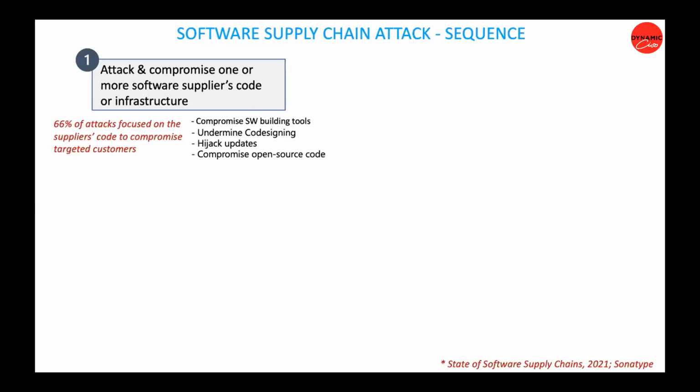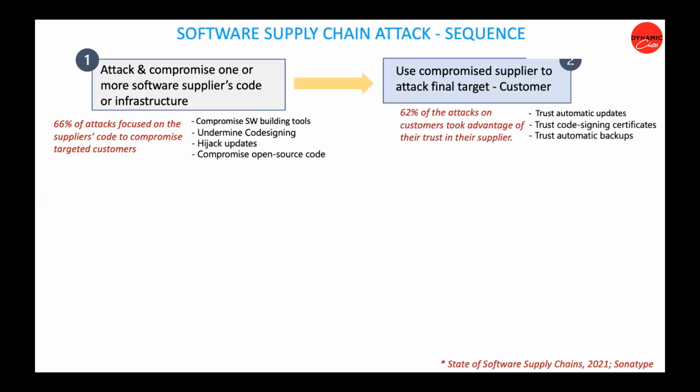They hijack updates. Updates are being put out by the suppliers. They hijack them in between, insert malicious code, and then let the updates go out. And then they compromise open source. So 66% of the attacks have focused on supplier code to compromise. And then they use these compromised suppliers to attack the final target. Attacking the final target is basically taking advantage of the trust relationship that the customer has with the supplier.